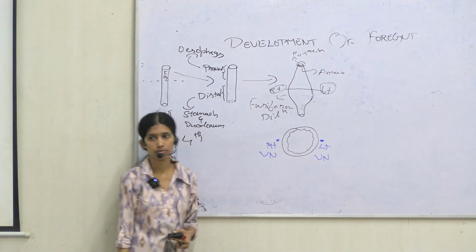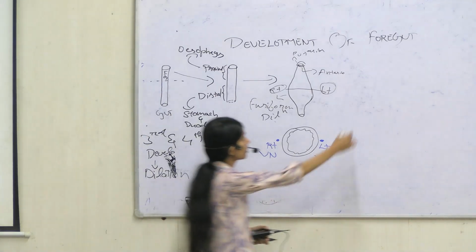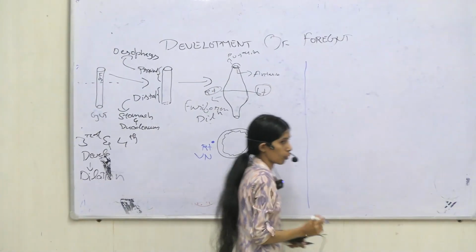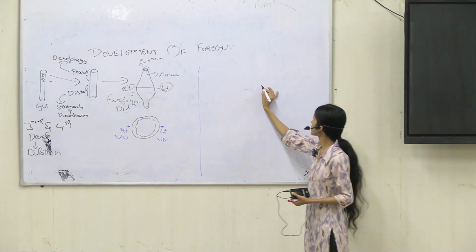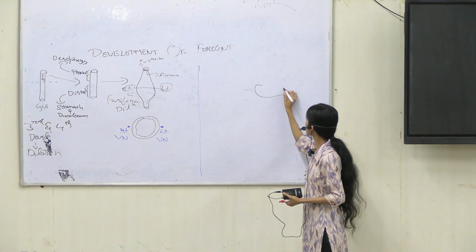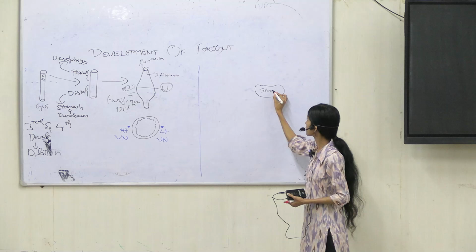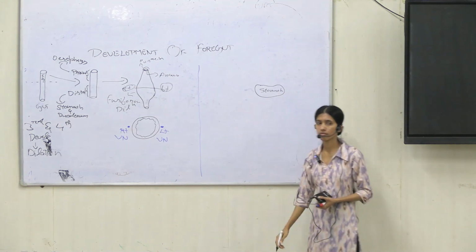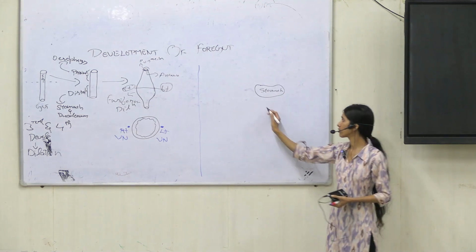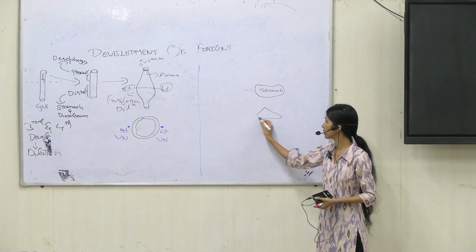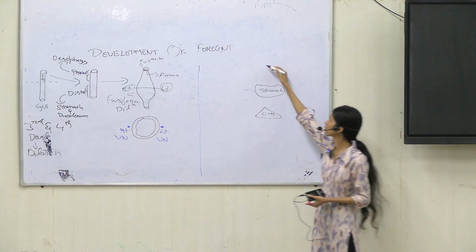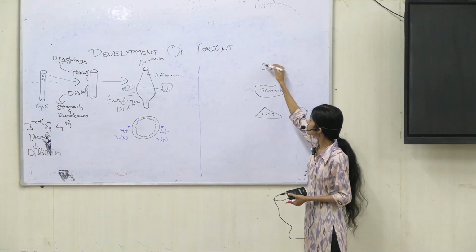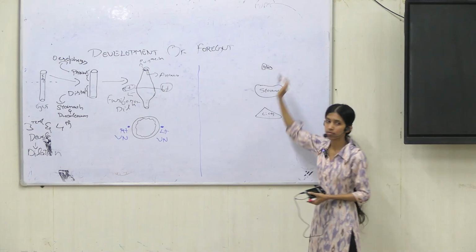If you remember the mesentery topic we discussed before, your stomach is developing. Imagine this is the stomach part. In front of that, we have seen the development of your liver. And in the posterior aspect, we have seen the presence of spleen. Right?